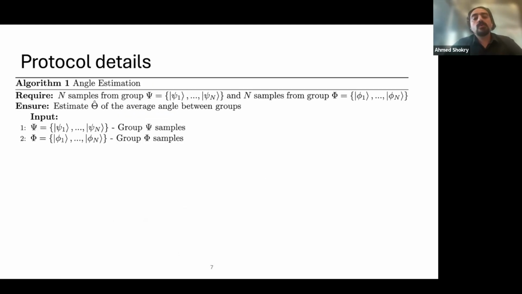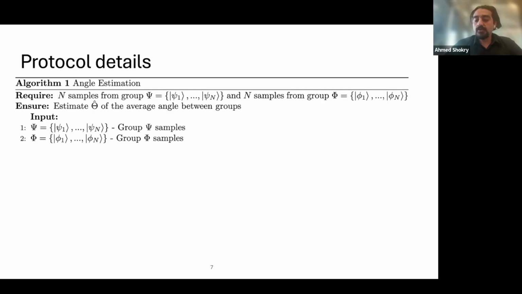Okay, so our protocol details: the protocol starts from the verifier side. Assume that we have only two groups, psi and phi, and we obtain the embedding for each state from the first group psi and the second group phi.